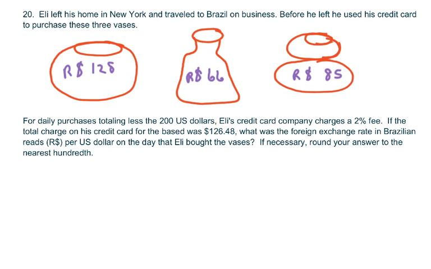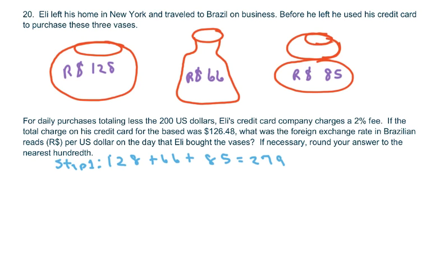We want to first find the total cost of the vases, and we're going to do one step at a time. In Brazilian reais, and I hope I'm saying that right, we have 128 plus 66 plus 85, which equals 279. That was step 1.